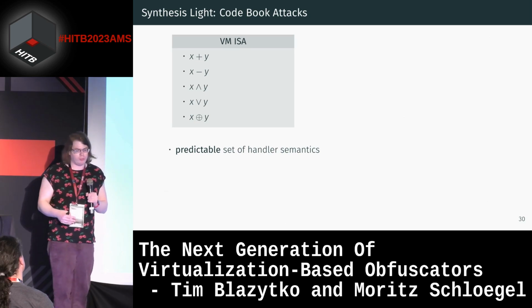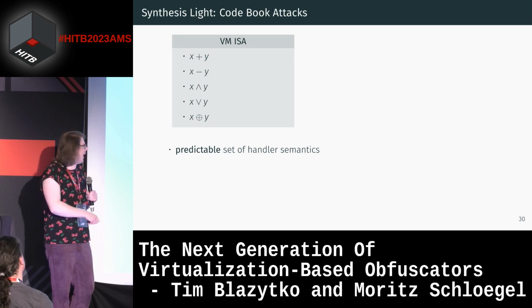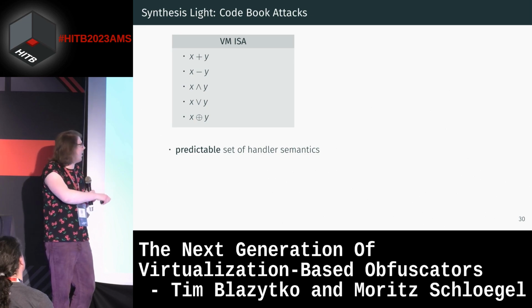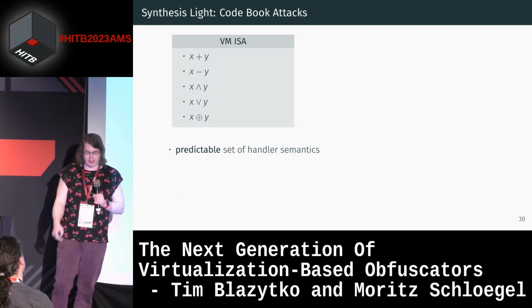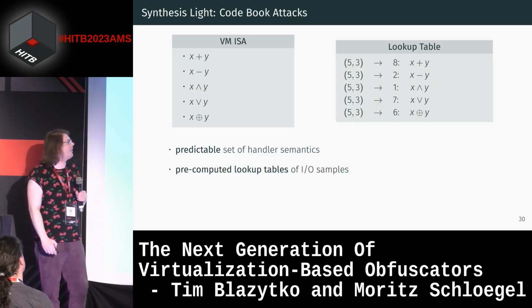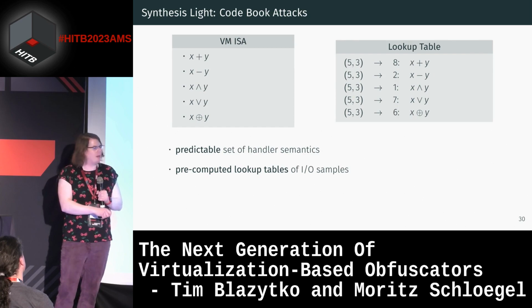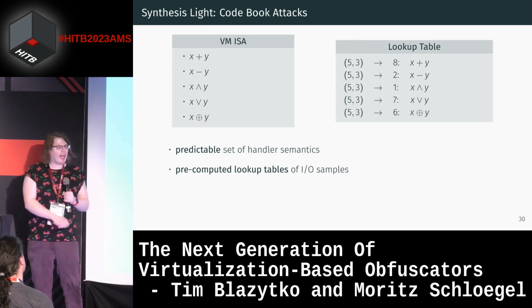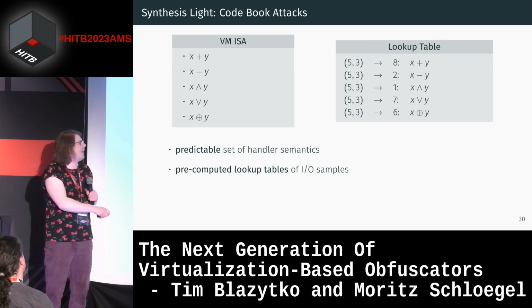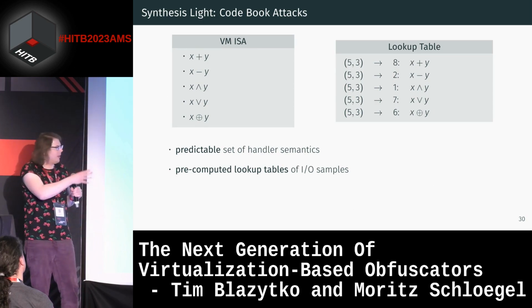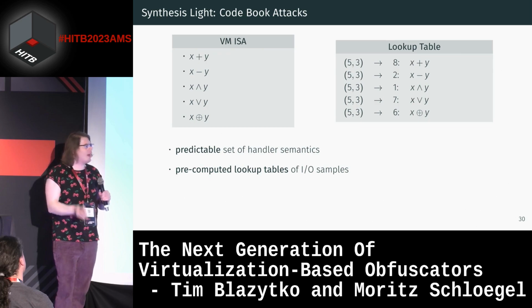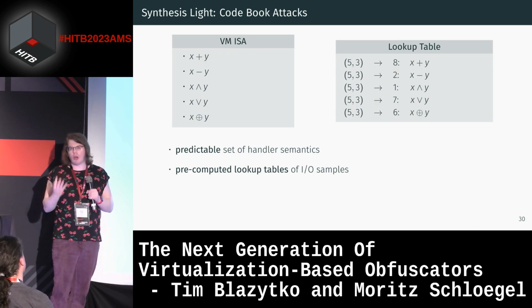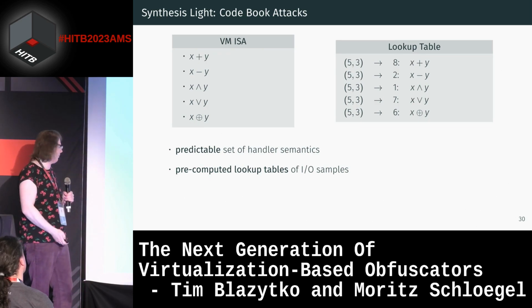What we could do is that we generate a table of different predicted instructions or handler semantics, and then pre-compute a lookup table. Like for this input, it's the semantic, just a bit larger in theory. So, and then you can IO sample a handler and look up what it looks like.